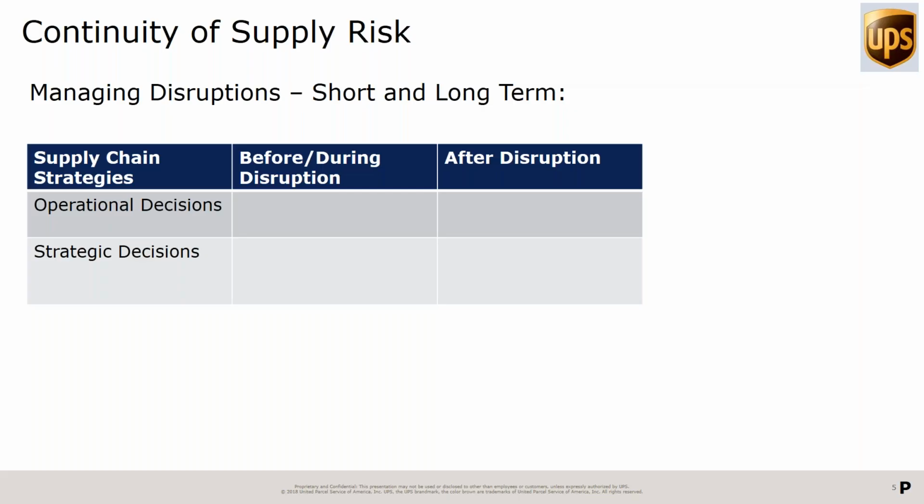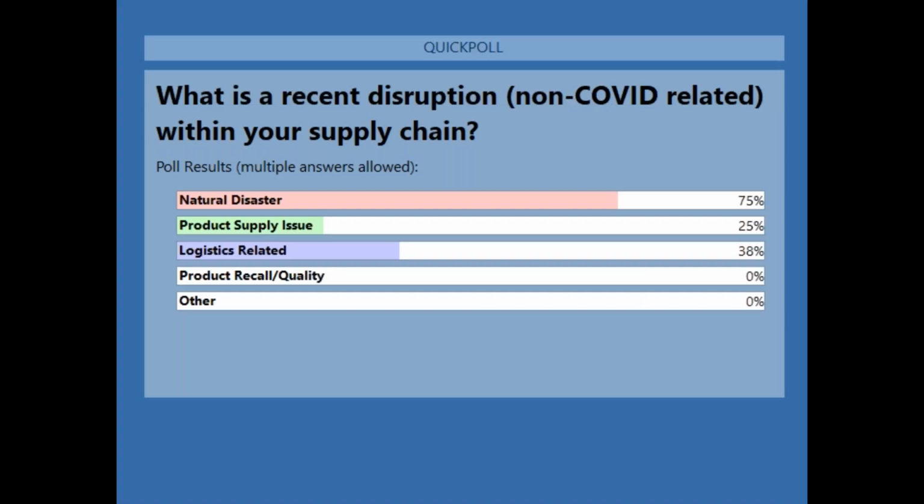Okay, I'm going to go ahead and close the poll. And it looks like, let me share this with you guys. 75% of you said natural disaster, 25% said product supply issue, and 38% said logistics related.